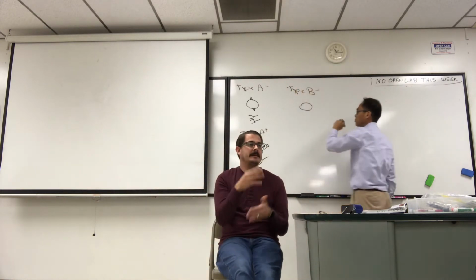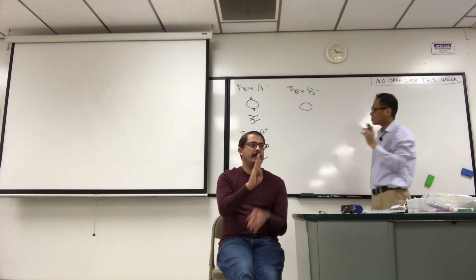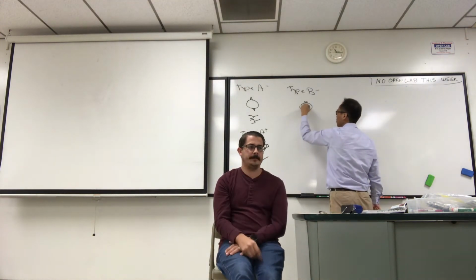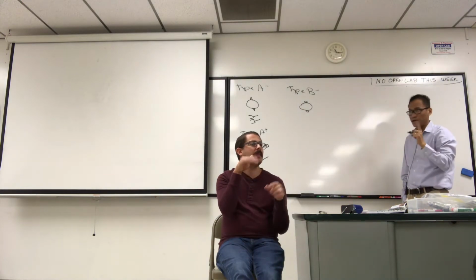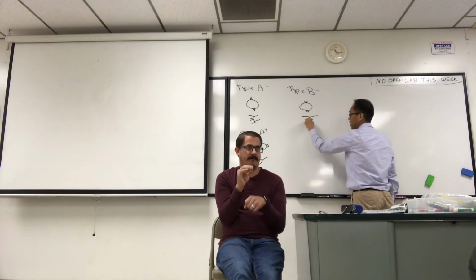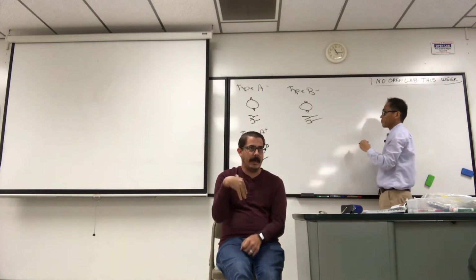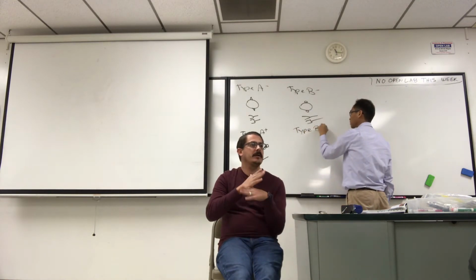One antigen present, just the B, type B, and we'll use circles, is that right? Yeah, circles. And assume that they have the antibodies against A and RH. Anti-A, anti-RH. Alright, type B positive.